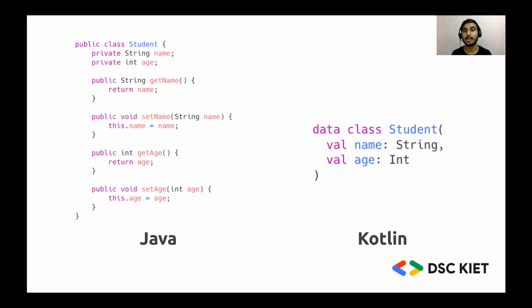But here in Kotlin, we only have to use a simple keyword called data. Once we have that, Kotlin internally will have all those getters and setters, and we can easily use that model class to access all the variables. So here you can say there's almost 50 to 70% of code reduction, which is a good thing.